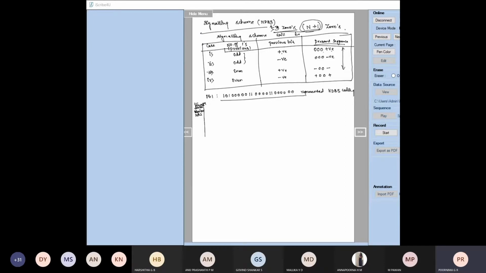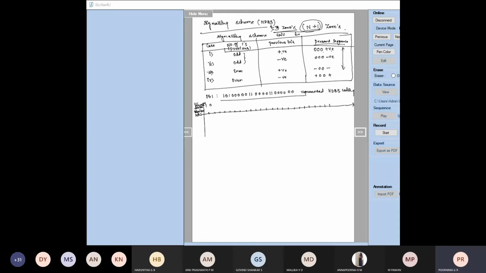In total I have 21 bits, so I divide the axis into 21 slots. The first bit is 1.